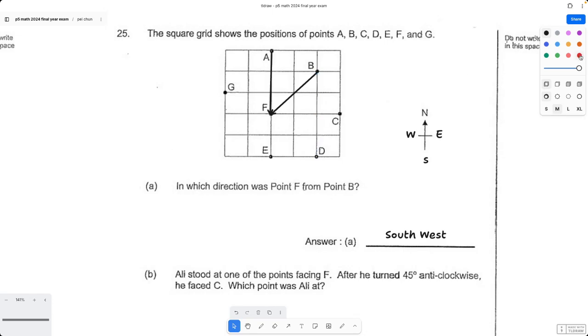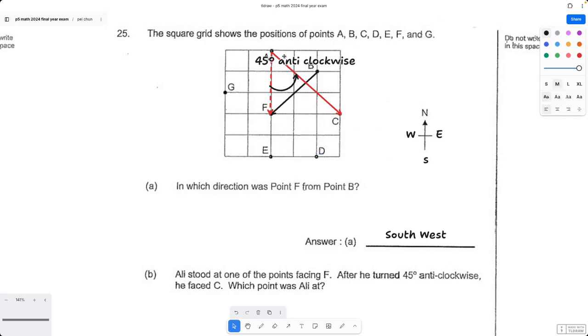So in essence, it's actually just A. If you do trial and error, 45 anti-clockwise like this, then you go for C. So I'm going to draw another line, a solid black line, and this is basically 45 degrees anti-clockwise.